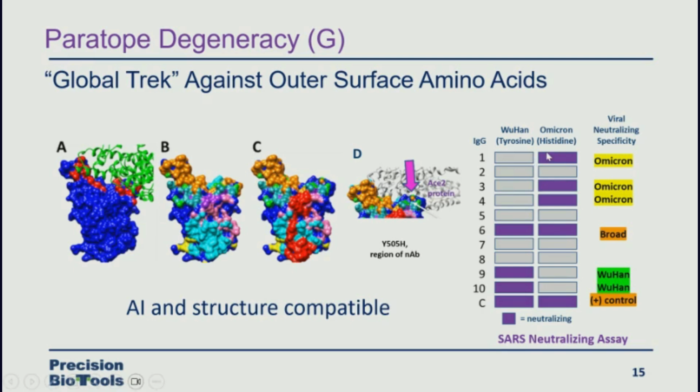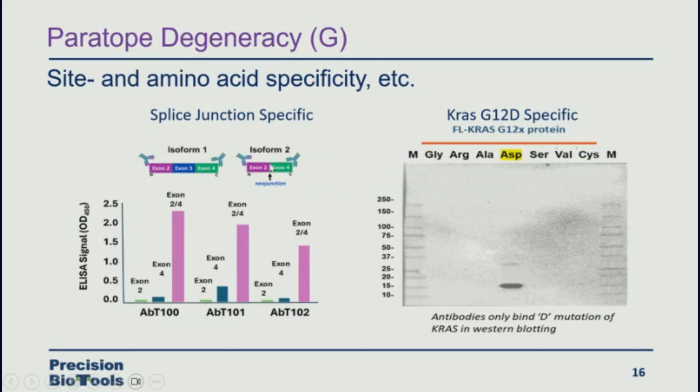And so you can see with EpiVolve, you can get amino acid variant antibodies that are specific to an amino acid. In this case, we have ones that are histidine responsive, ones that don't matter whether it's histidine or tyrosine, and others that are tyrosine specific. We can look at splice junction sites by looking for antibodies that target just that particular neo junction, but not the other, and that's shown here.